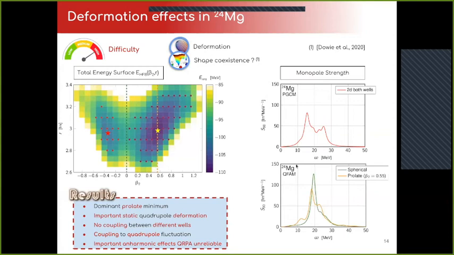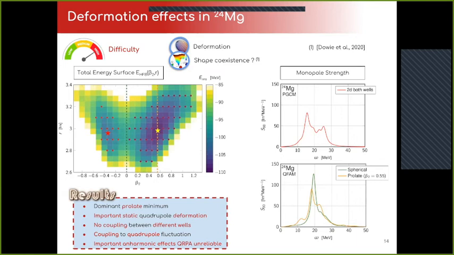However, comparing the P-GCM results with the QRPA one, we can see that they are not in good agreement. And from a proof of principle point of view, we expect P-GCM to be superior to QRPA in this case, because as you can see, the energy surface is everything but harmonic.